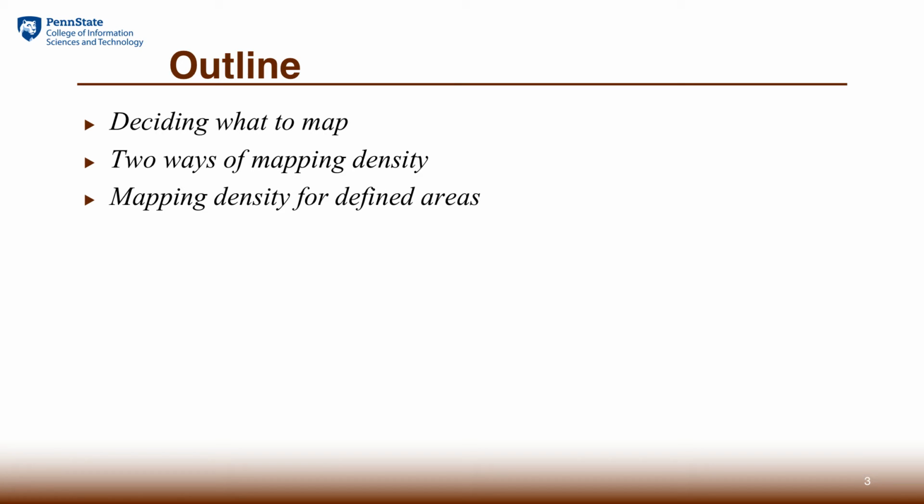In particular, in this lecture, we're going to cover the area that talks about mapping density for a predefined area. For example, you may be interested in mapping population density among census tracts or among counties or states. So these are the kinds of decisions we're going to talk about.